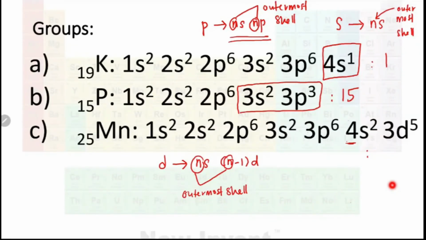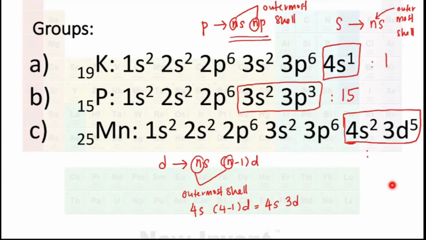So 4s and (4 minus 1)d, meaning our valence electrons are in orbitals 4s and 3d. Here, at the end, how many electrons? 7. So manganese is in group 7.